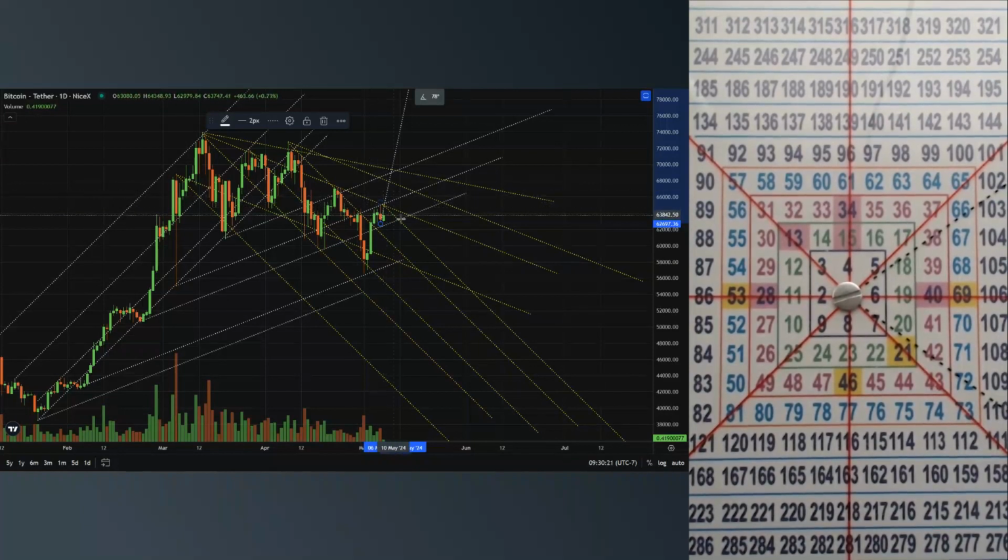So if we don't start getting above these angles, then we're going to be retesting lower areas.